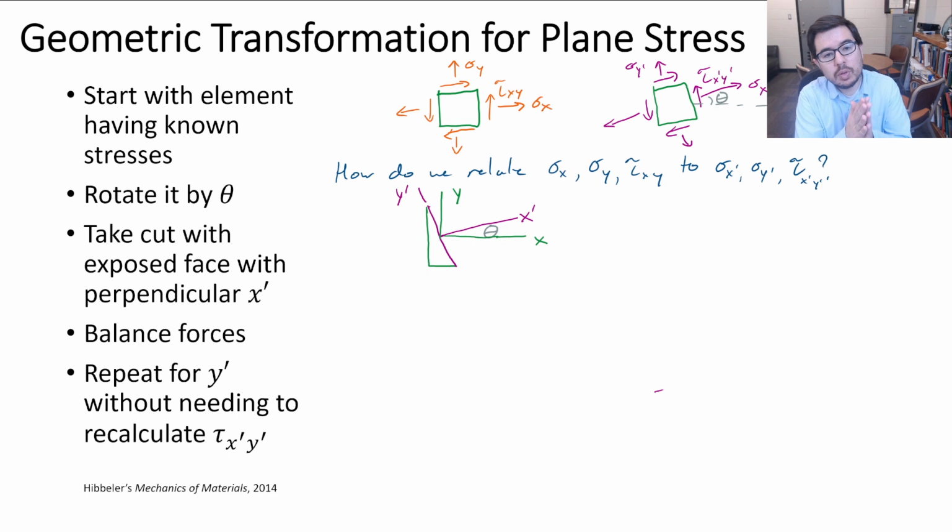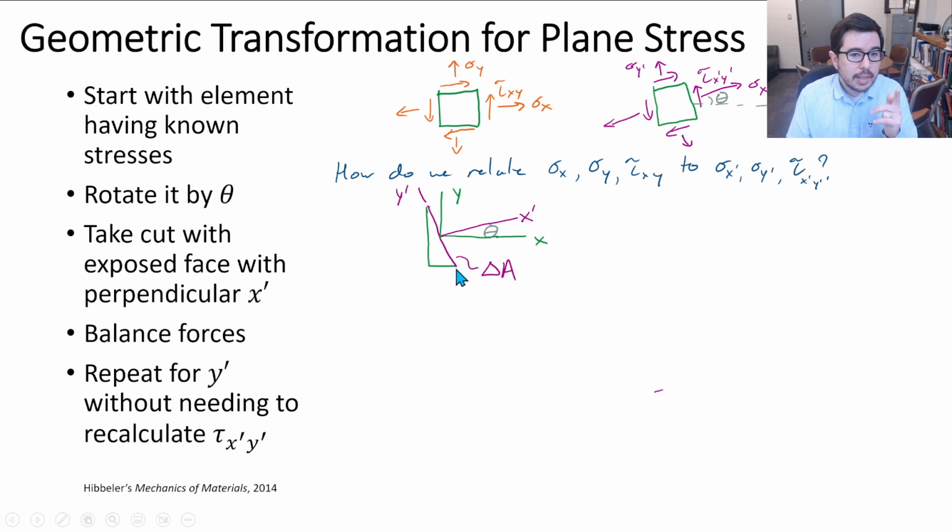What we need to do is go back and create forces on this element to keep it in equilibrium, kind of like we did with the plane stress elements. We said, okay, look, there needs to be a balance of forces so that this is not accelerating and it's not rotating.